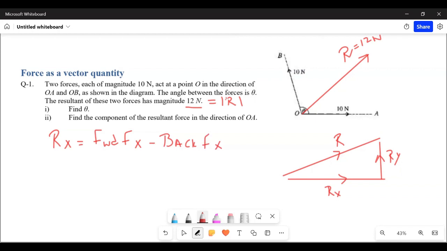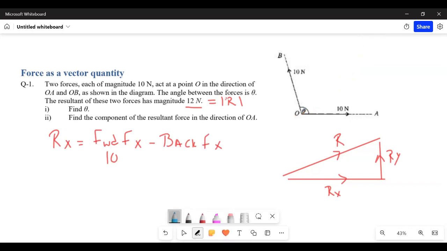Since the resultant is in this direction, the forward force in the X direction is this, and the backward in the X direction is this. The forward force is 10 Newton, and there's no backward force in this direction. In fact, there is a backward force in this direction. It's going to be the component of the other 10 Newton. So let me draw that component.